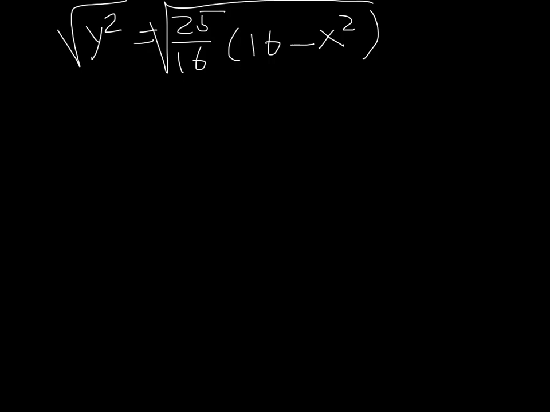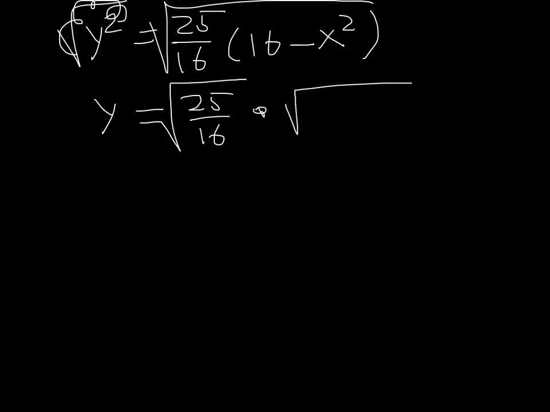Take the square root of both sides, and this one's gone. So y equals the square root of 25 over 16 times the square root of 16 minus x squared.